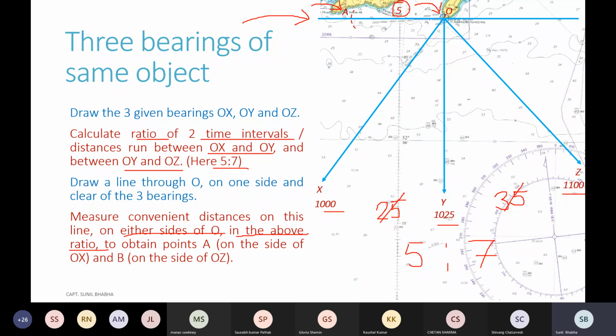Now let's do the same thing on the other side, on the side of the third bearing. So I keep my compass on object O, open it up equal to 7 nautical miles and make an arc cutting this line. This arc cuts the line at point B. So I have point A and point B marked on the line which I drew passing from the lighthouse.